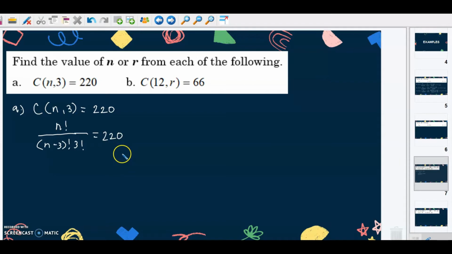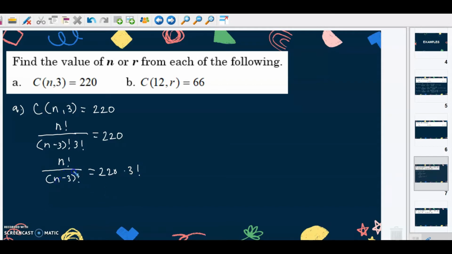Now, the next thing that I will do is cross multiply this 3 factorial to 220. Then, I will have n factorial over the quantity n minus 3 factorial equals 220 times 3 factorial.